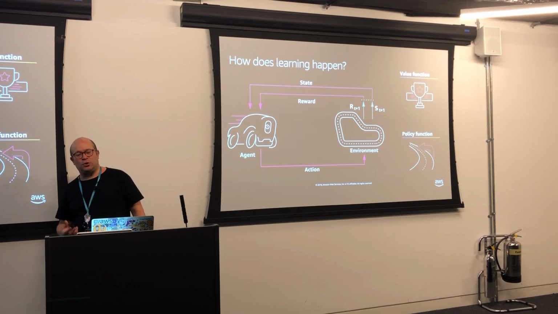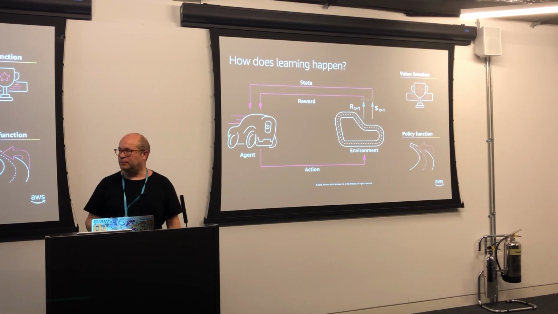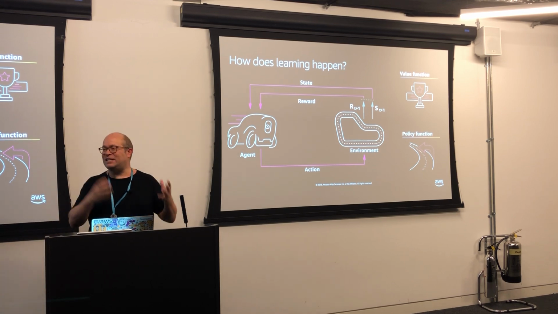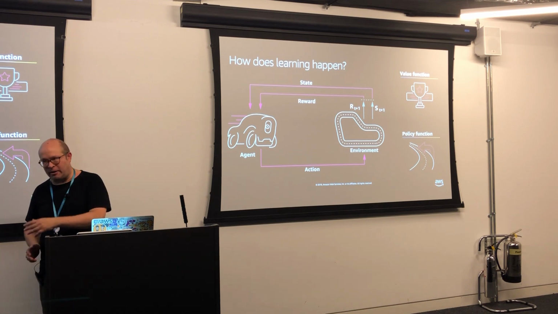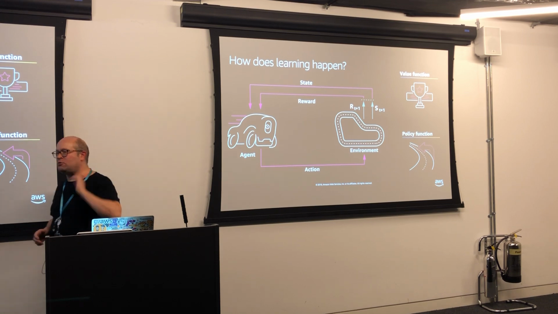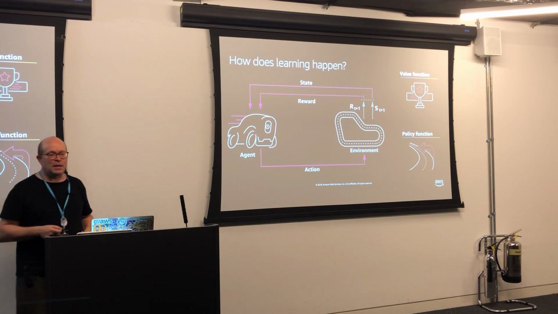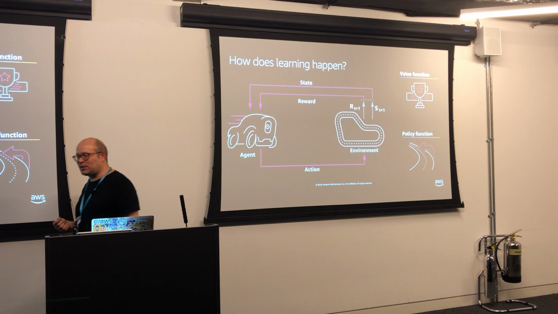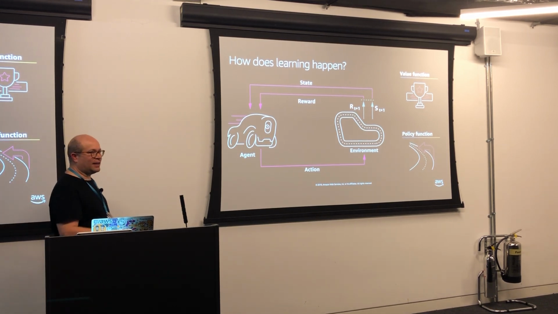And that is used to train a SageMaker model to create a policy function, which is the bit on the right-hand side, on the bottom there. The policy function maps what it sees to the action space. So left, straight, right, faster, slower. But just like on a bicycle, just because you know that you can go left, right, straight on, or cycle faster, doesn't necessarily mean it's the best move. So how do you know, when I'm driving around a racetrack, that the racing line is the best line or not?